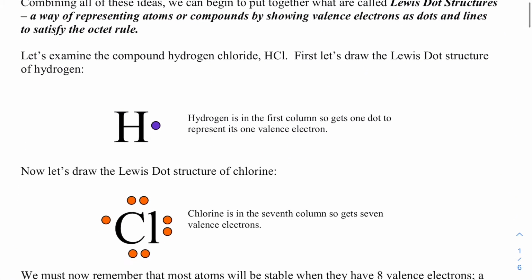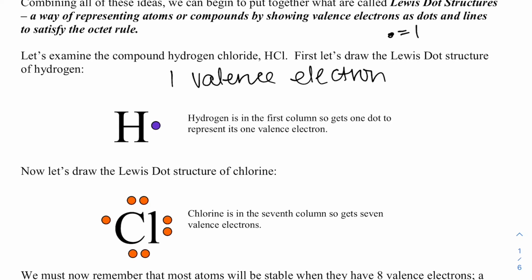If we look at our note sheet for today, let's first take a look at hydrogen and chlorine. So let's look at the Lewis dot structure of hydrogen to begin with. We know that hydrogen has 1 valence electron. In our Lewis dot structures, we will include both dots and lines. 1 dot represents 1 electron.